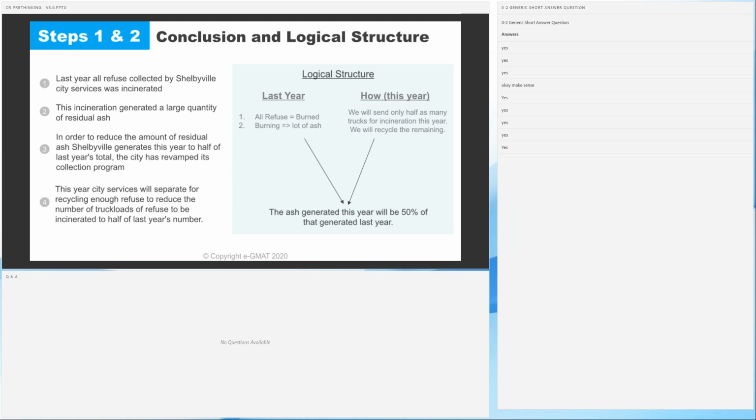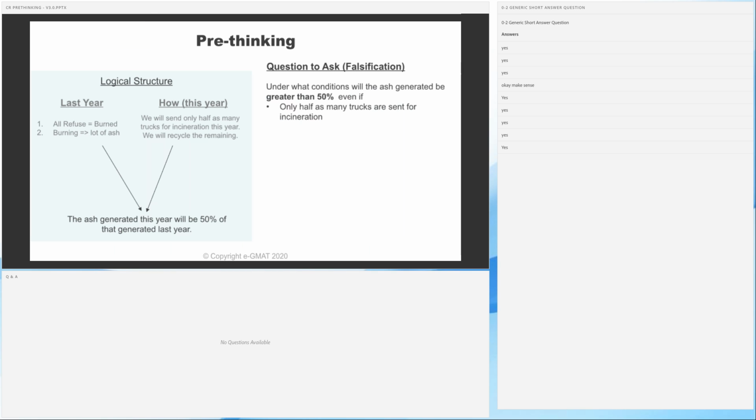Okay, so I'm going to go through this relatively quickly. Our goal really is to reduce the ash generated to be half of what it was generated last year. So I'll go through the same process and ask the same question. The objective is not to reduce the number of trucks to half of last year's number. The objective is to reduce the amount of ash generated. The helping piece is that we're only going to send half as many trucks.